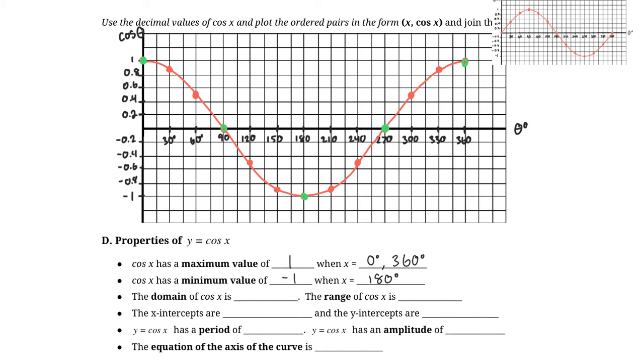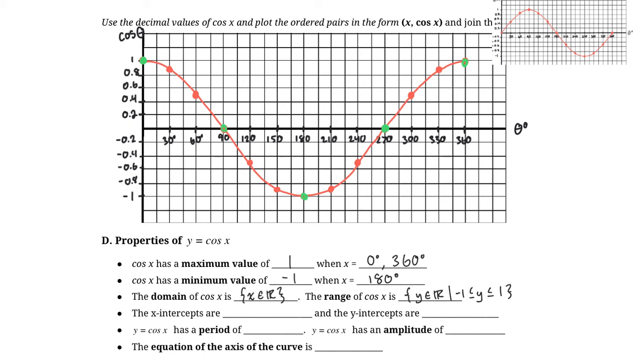So the domain, all our possible x values, is that x can be any angle. So x can be any real number. And our range, all our possible y values, is going to be that y can be any real number such that y has to be greater than or equal to -1, but less than or equal to +1.